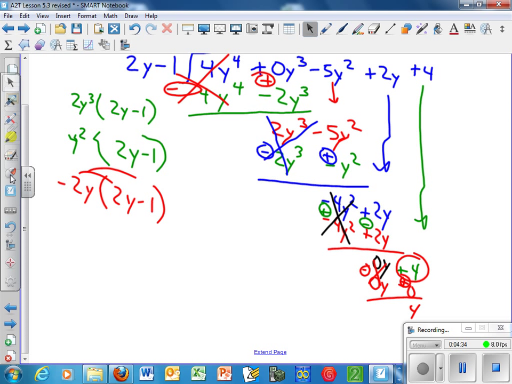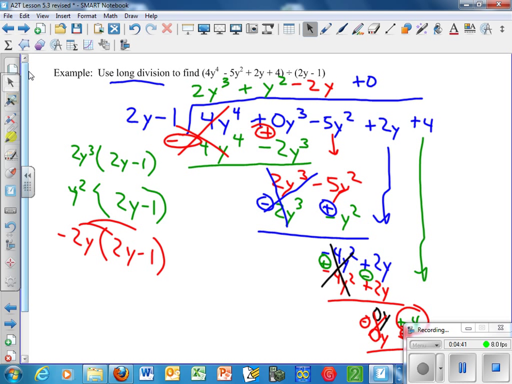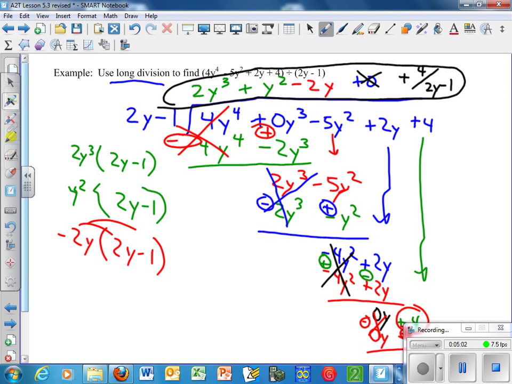If you look up there, we have a positive 4 for the remainder. You don't have to put on this plus 0 unless you really want to, but you can. And then we have the remainder of 4 over our divisor of 2y minus 1. Okay, and it's not wrong to put that plus 0 on there, but then this would be your answer to that long division problem.